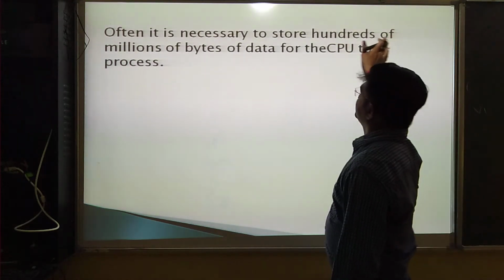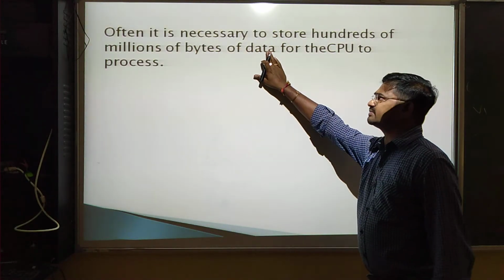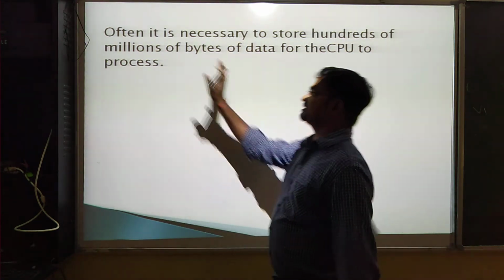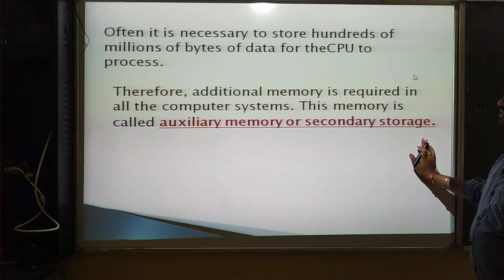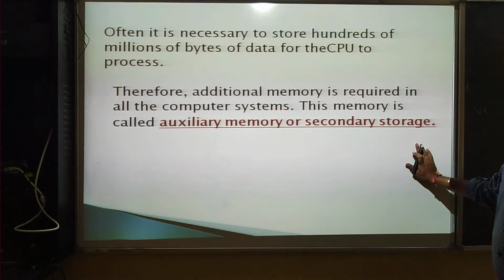The computer's internal memory has very little space, so you need external storage devices, which are mainly used for this. Data is nothing but information stored for the CPU to process. So this is the secondary memory. Therefore, additional memory is required in all computer systems.